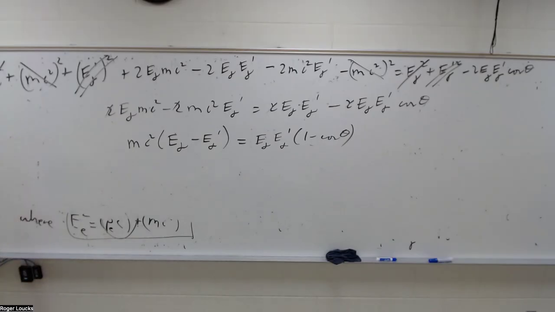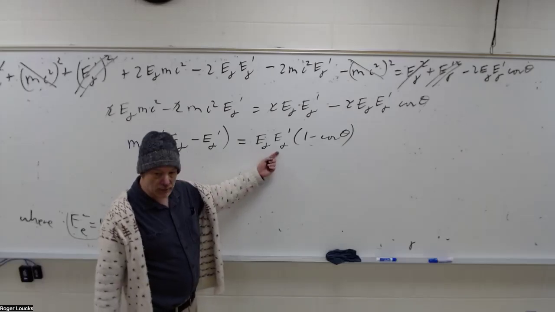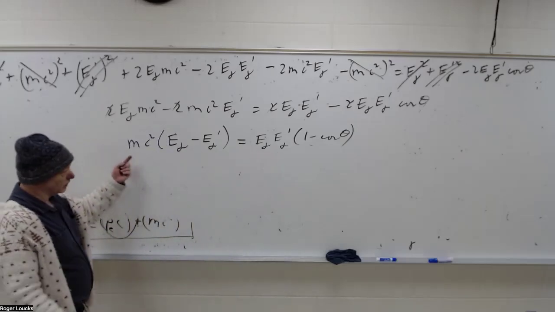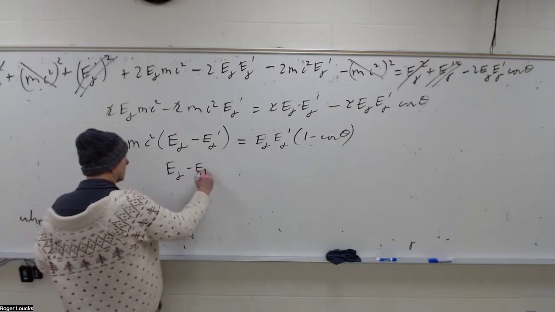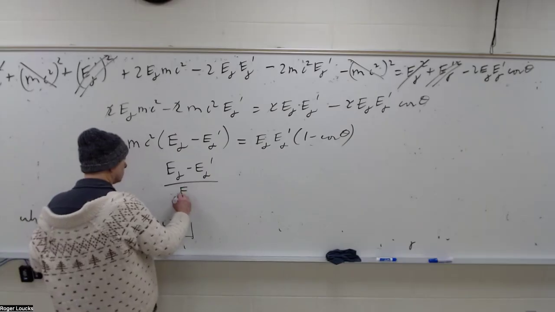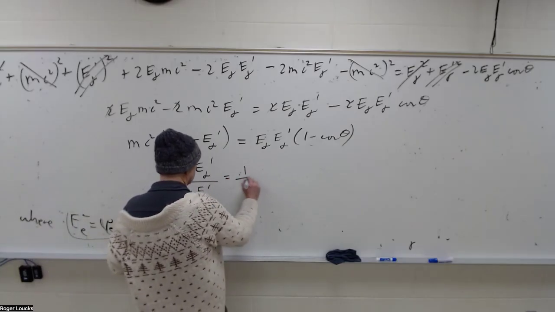Okay, we're almost over. Then I'm gonna divide through by E gamma prime here, by m c squared here. So I'm going to take those to the other side, and I'm going to write this as E gamma minus E gamma prime over this, and then on this.